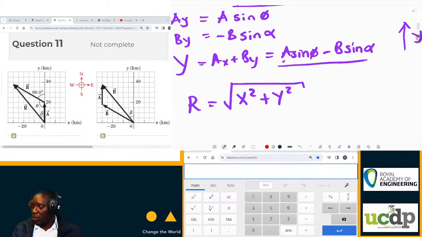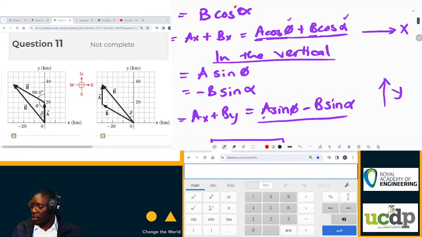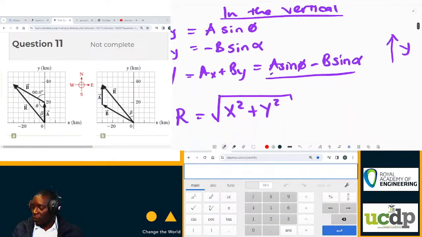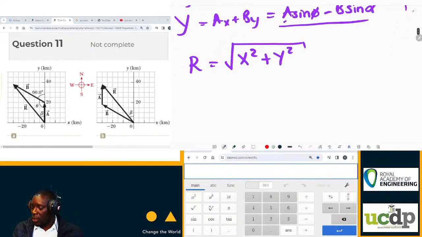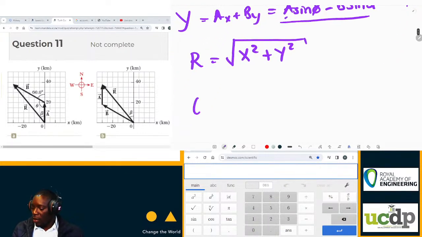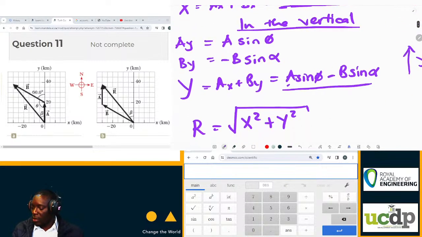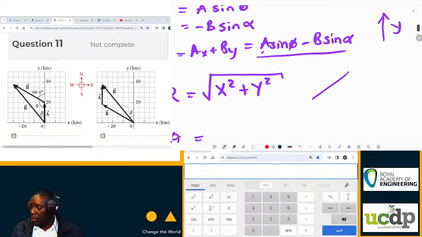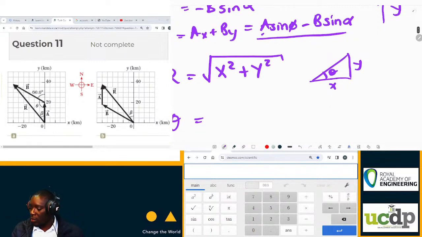So once you have that, you can find the resultant as given by the root of x squared plus y squared, such that the angle of this resultant is given by, remember, you have this. So if this is x and you have y there, then you want that angle there, let me call it beta.